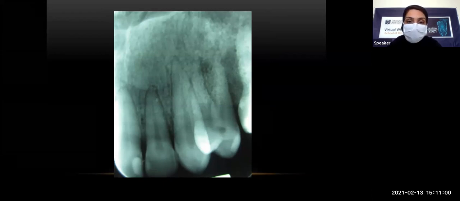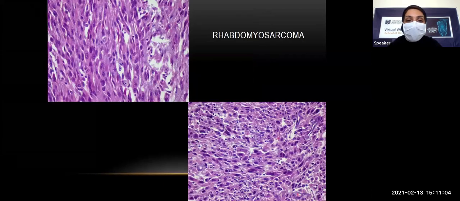An incisional biopsy was done by a surgeon, and we faced these uncomfortable pictures in histopathologic evaluation.